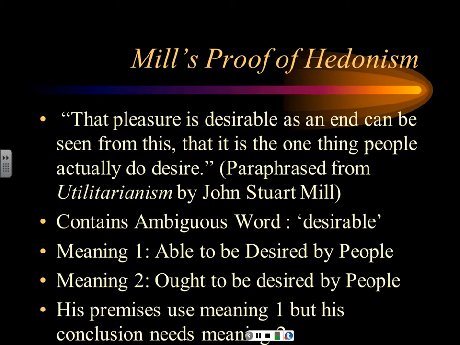Well, if you use the same word with two different meanings, one in the premises and another in the conclusion, then you haven't really proved your conclusion because you've changed horses in midstream. In classical logic, this was called the fallacy of four terms, but it's basically a fallacy of ambiguity. And so Mill's proof didn't really work, but we're going to look then a little more closely at Bentham's original version of utilitarianism next time.